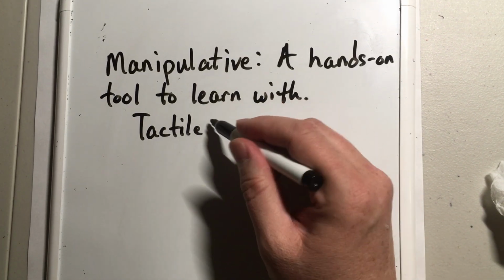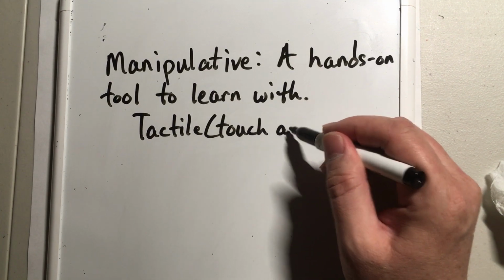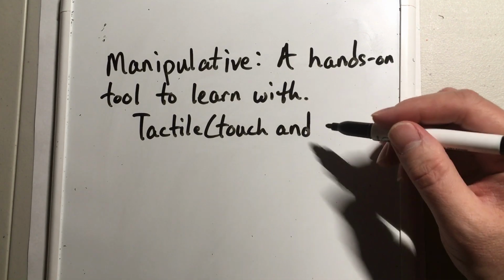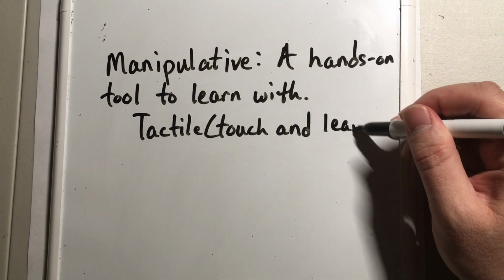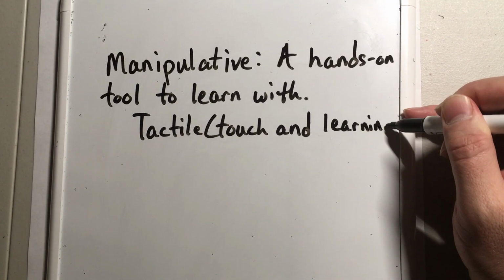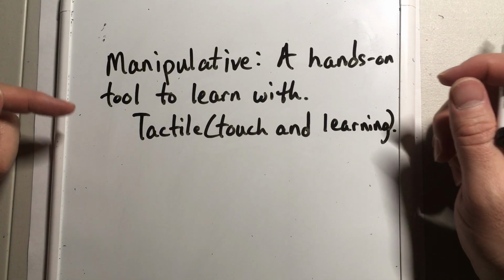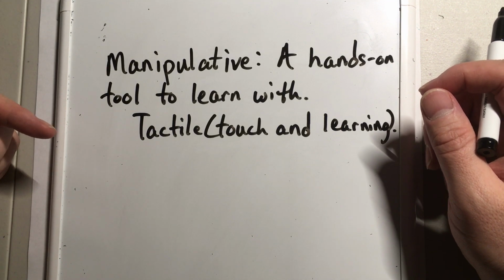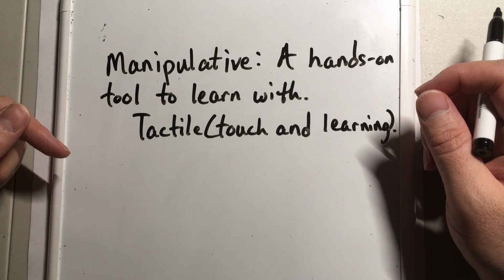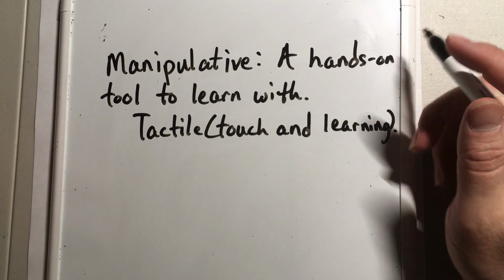That means to touch and learn. Some kids are excellent tactile learners. Some kids are well-rounded and they can do well with tactile learning, auditory learning, visual learning, those type of learning modalities. Tactile is about touching and learning.